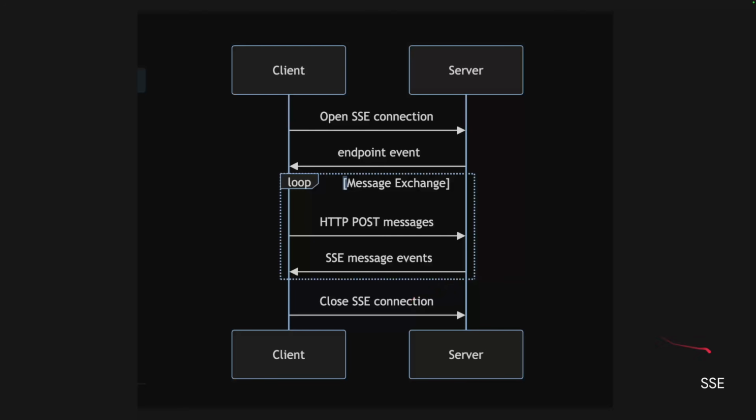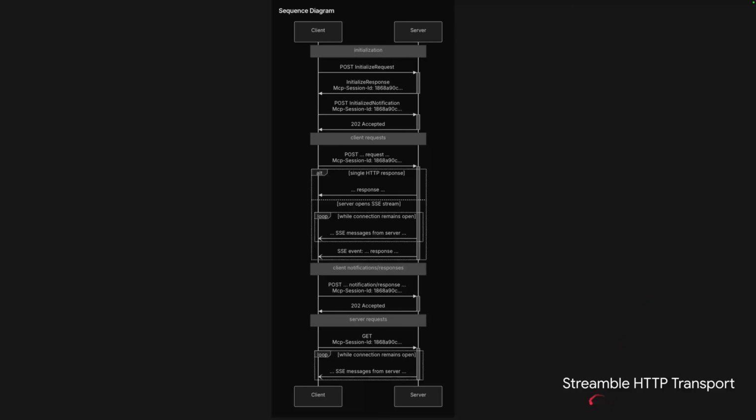As I mentioned just now, SSE is basically a server-sent event, and everything must have a state. But sometimes when the client and the server communicate, it is not necessarily a stateful event. So now we have what we call streamable HTTP transport. Basically, it's a more detailed interaction like this.